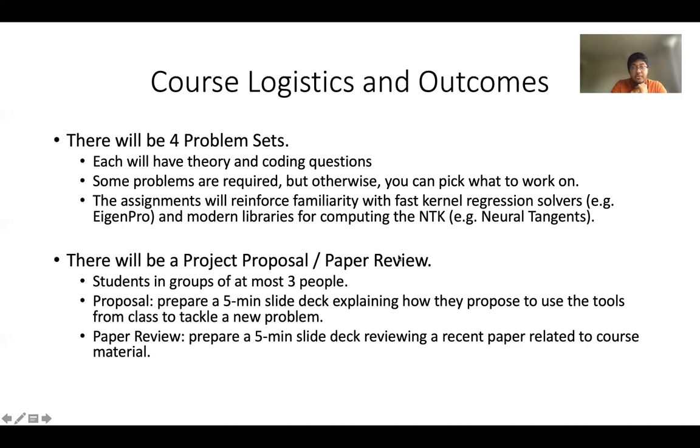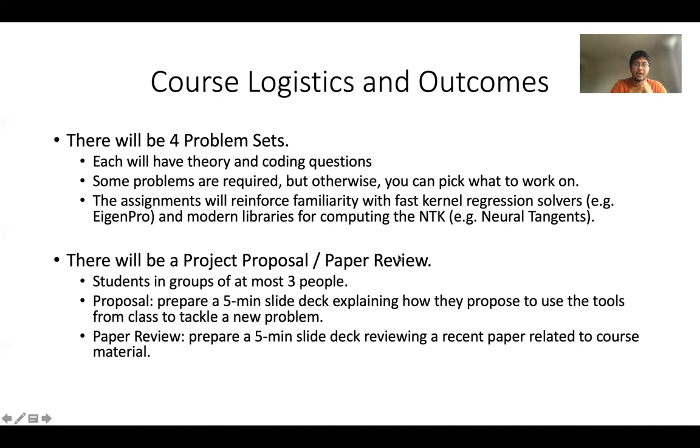On the other hand, if you are not interested in doing a project proposal, there's always a paper review option. And a large part of this course is making this quite technical material available for a broader audience. So what I would want to see from students is that they take some of these technical papers and prepare a 5-minute slide deck for a super broad audience, reviewing the paper's key findings and key results and how it relates to the course.